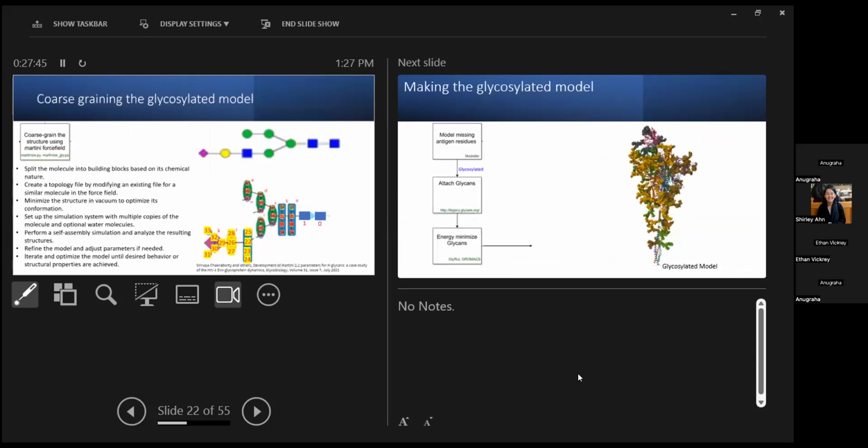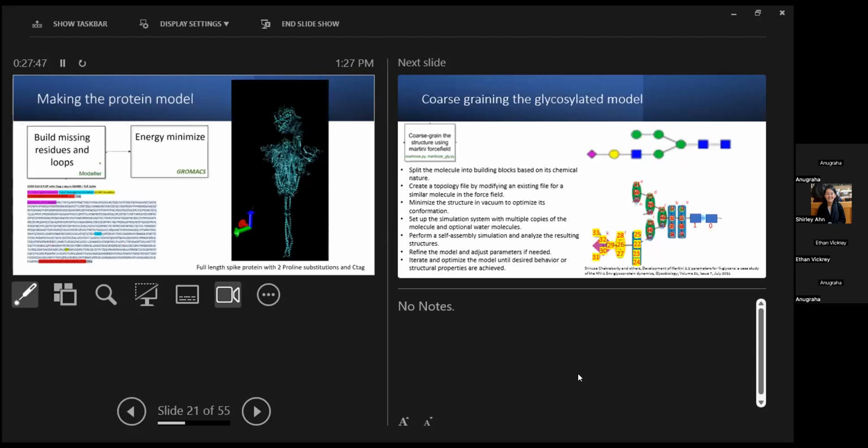I have a quick question. Is there a reason why you use 6VSB? Because it has a 2-proline substitution, which is generally stable in the prefusion form. Oh, okay. So we didn't do the proline substitution ourselves. We're using the PDB that already has proline substitutions.